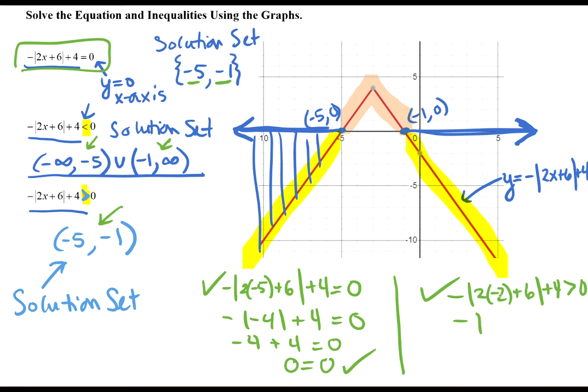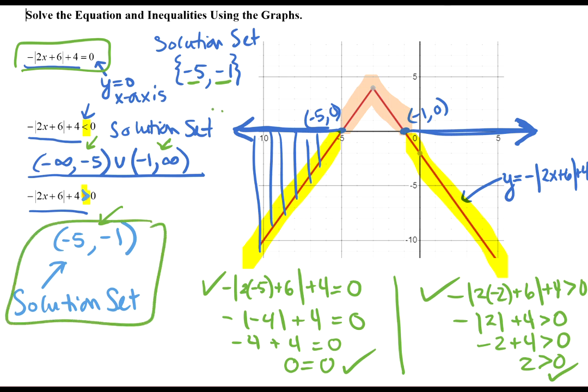Calculating, 2 times negative 2 is negative 4, plus 6 is 2. Then the absolute value of 2 is 2. Negative 2 plus 4 is going to be 2. 2 is indeed greater than 0, so that region seems to check out. So we get all of our solution sets here that can be checked pretty easily just by hand or by re-examining the graph a little bit more thoroughly.